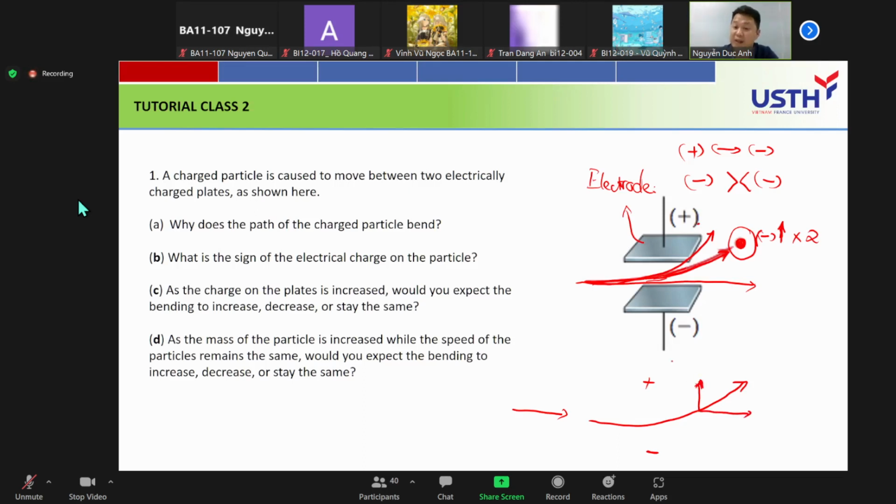This one can be considered as a force, and this one can be considered as the momentum or linear momentum, or P. So this one will be two vectors of force and momentum.